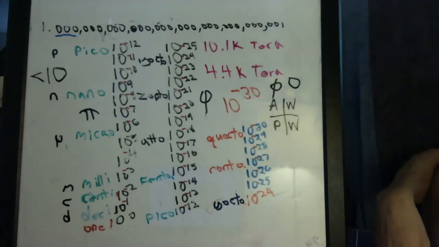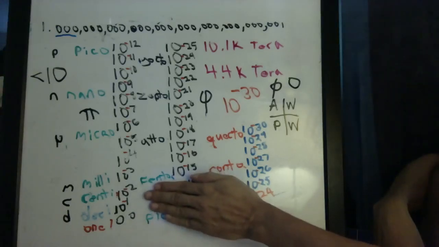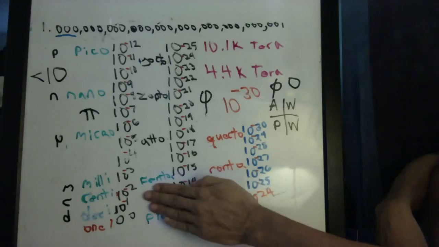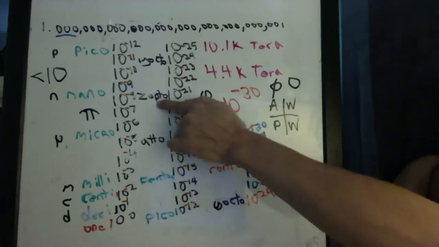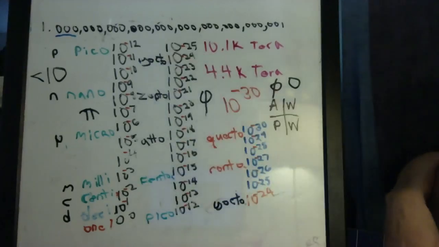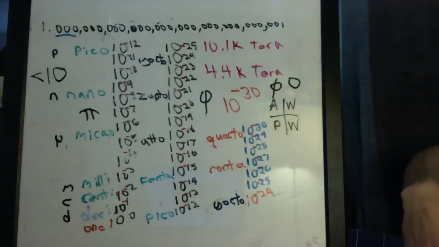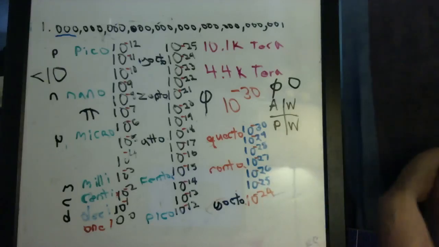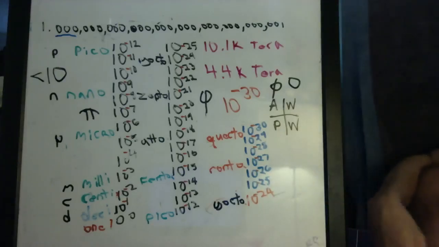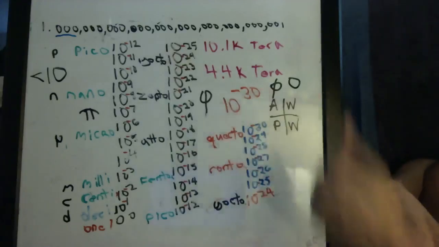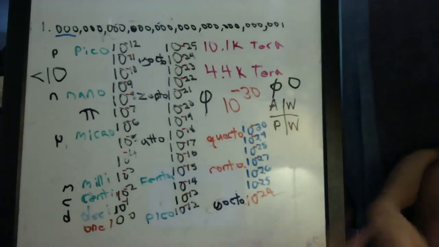The next one up after pico, femto, most people know, and then atto, zepto, yocto. And only because I was in a group of people and they didn't know the names. They couldn't remember. And I knew most of them.